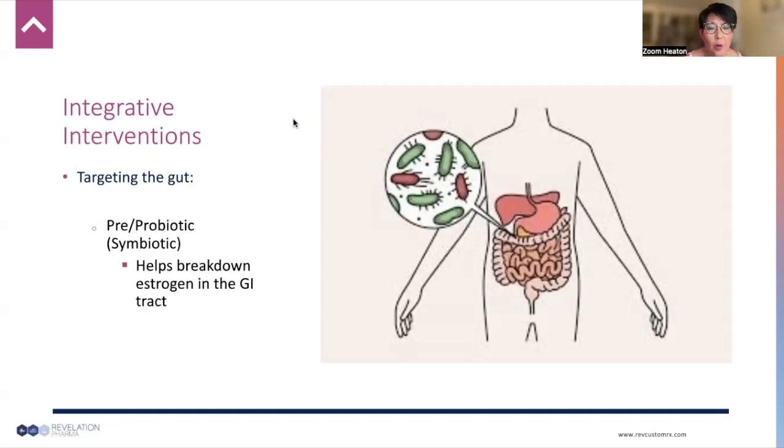This means a probiotic supplement containing Lactobacillus acidophilus could be helpful, together with the prebiotic, which is basically food for the probiotic. They also help break down estrogen in the GI tract, which helps with the detoxification process, reducing the accumulation of estrogen, creating that estrogen dominance in endometriosis. It's causing a lot of the pain and infertility.